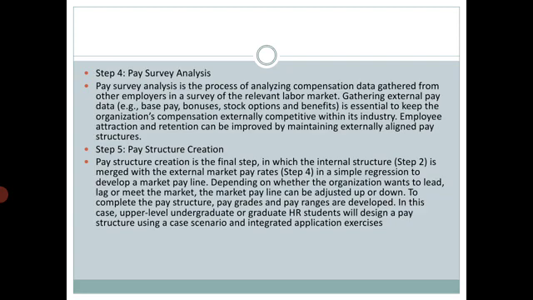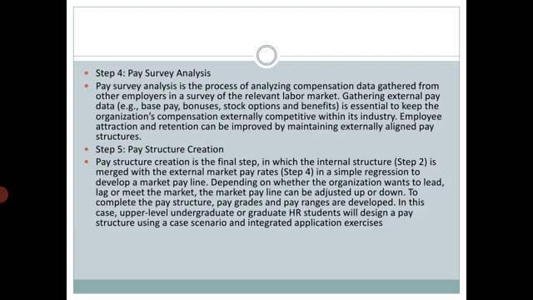So what is done here in the fourth step actually? A survey is conducted in the industry, through which the data related to compensation is gathered.